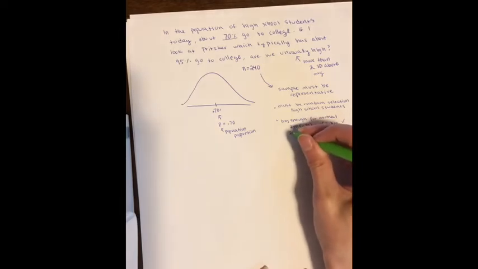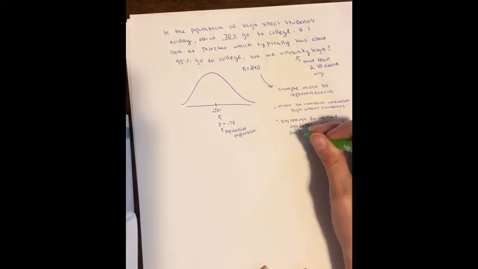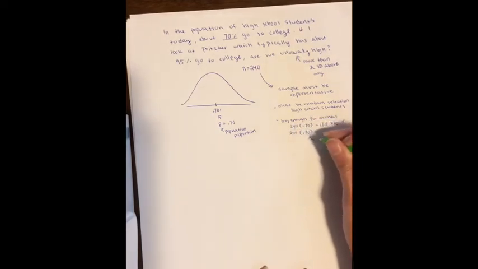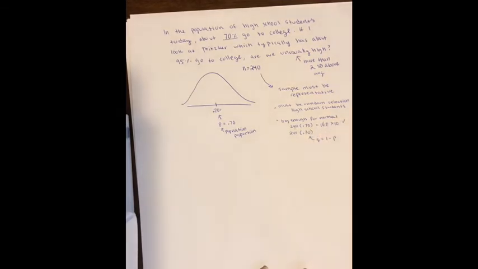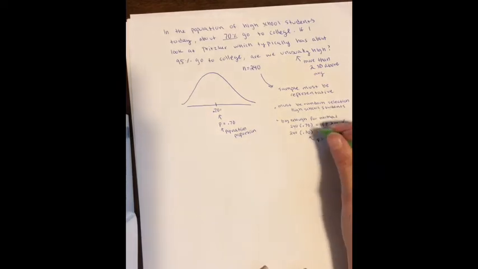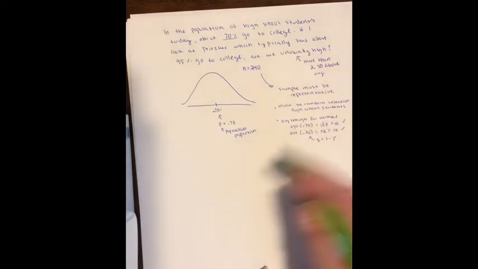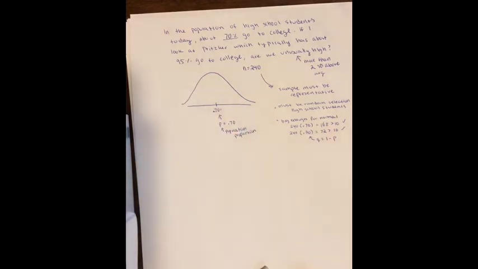And then N times Q, Q being 1 minus P, like we did in binomial probability, also has to be bigger than 10, which it is. That way we know that it's big enough to create a normal curve, big enough to represent our population.